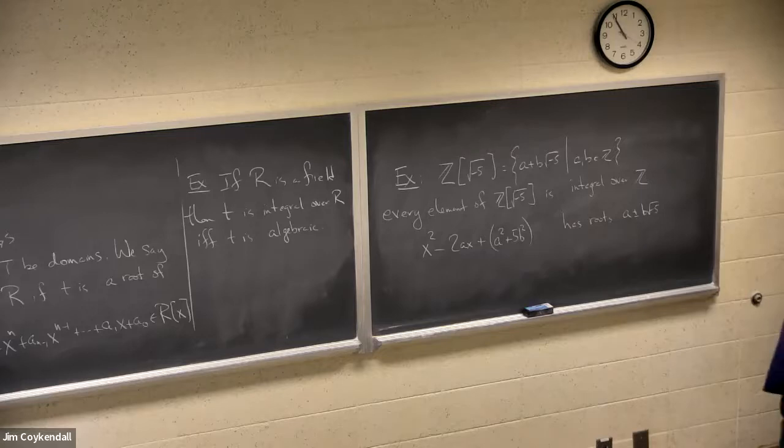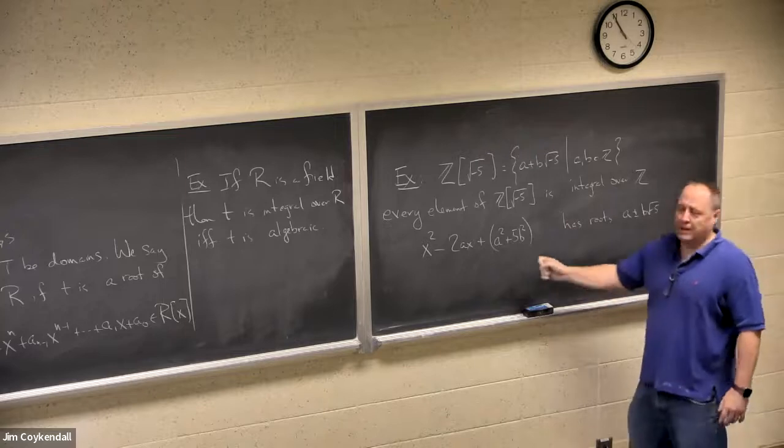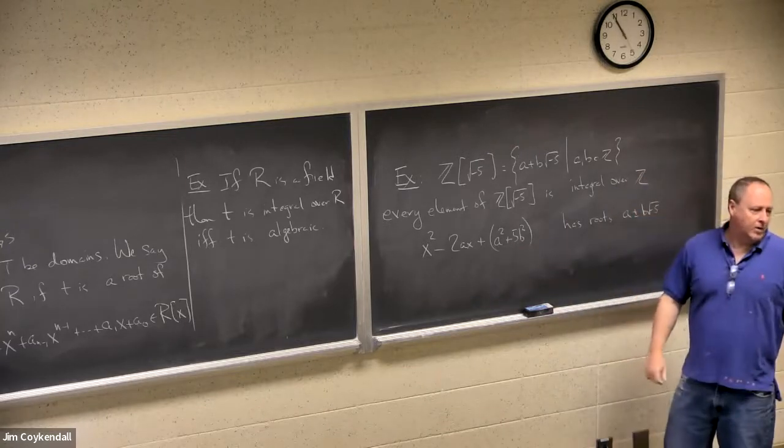So if I pick any integers a and b, then there's your monic polynomial. Notice conveniently it's always quadratic.